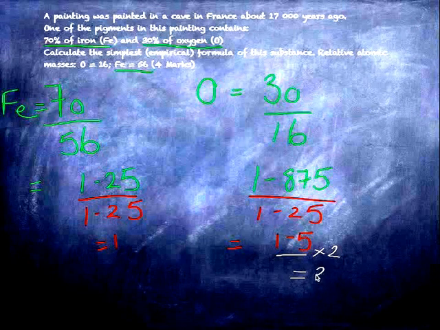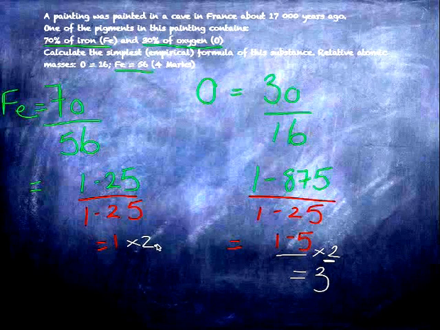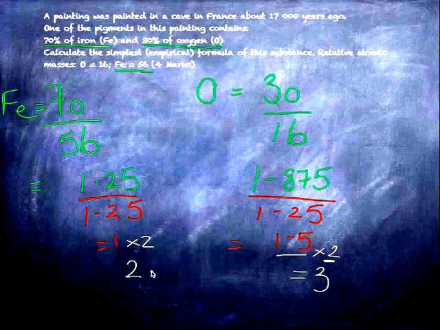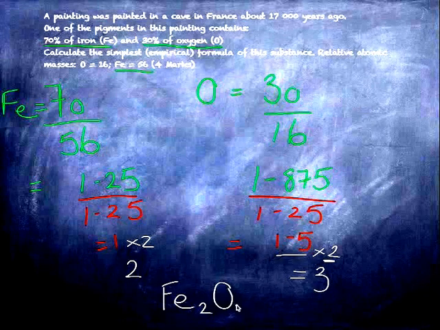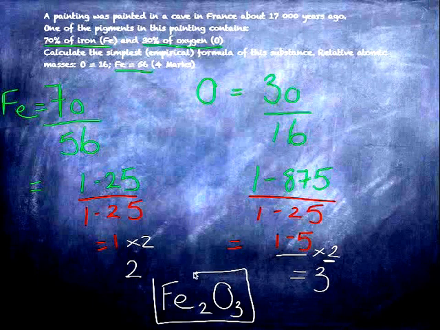That'll give us 3. But because we've done that here, we need to do the same on this side for the iron. That will give us 2. So for this iron oxide, our empirical formula will be Fe2O3. And hopefully that's what you all got as well.